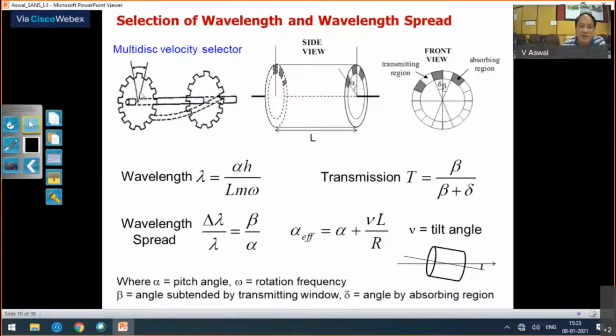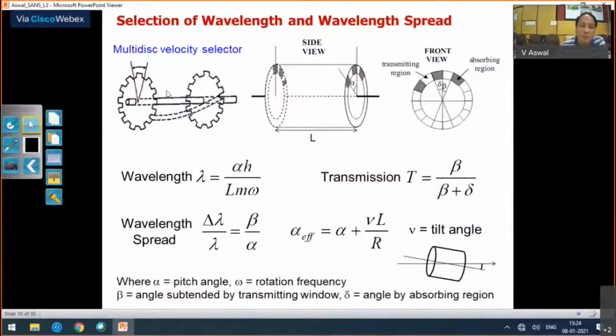And since it's not a straight slot, when you rotate this drum at high speed, with a frequency of around 10,000 RPM, the neutrons which are going very fast or very slow will not be able to pass through this helical slot, because this helical slot will synchronize with a particular speed of the neutrons, and only they will be able to pass.